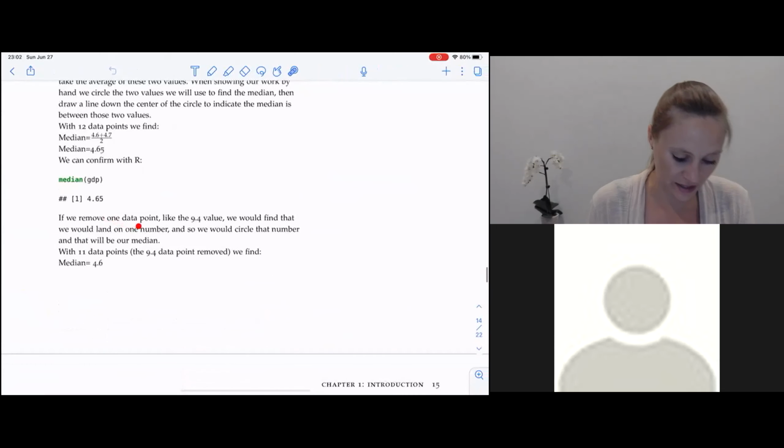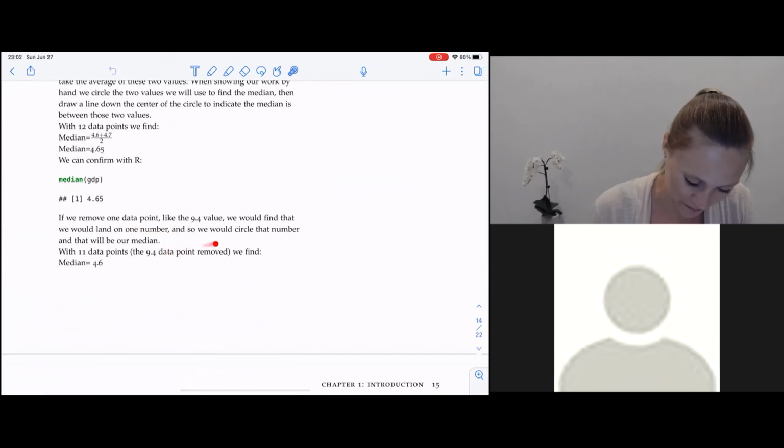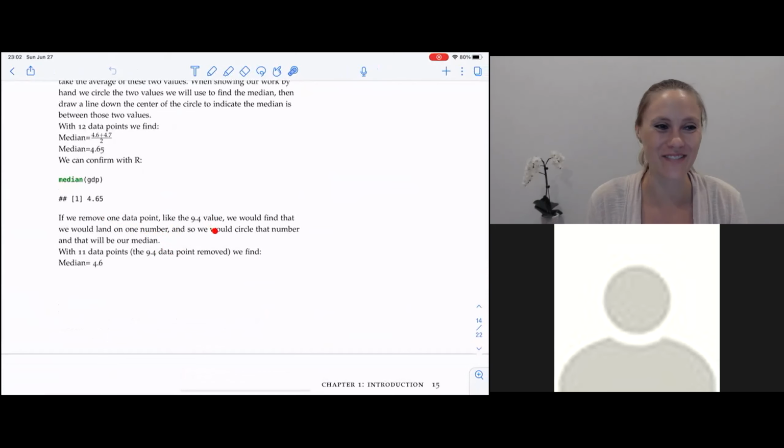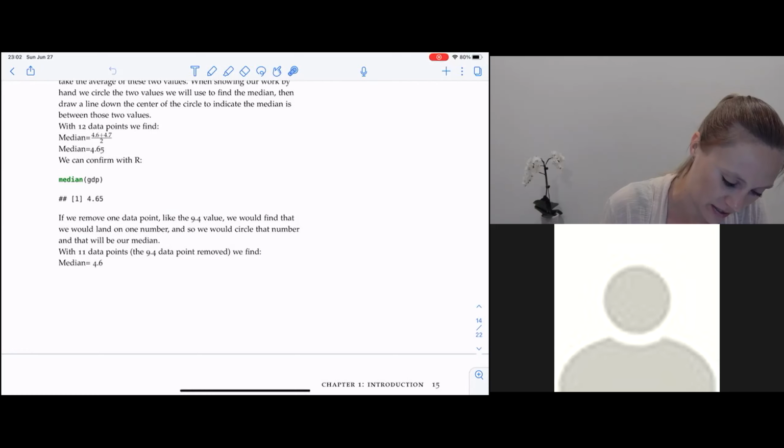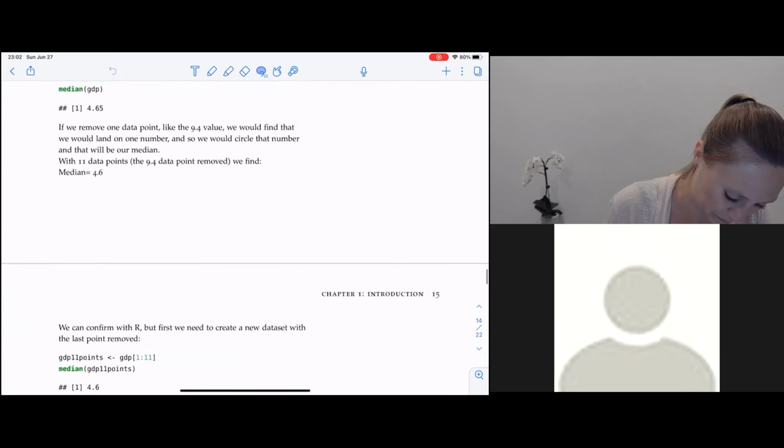so like I said, if we remove one data point, like the 9.4, we would find that we land on one number. So that we would circle, and then that would be our median.